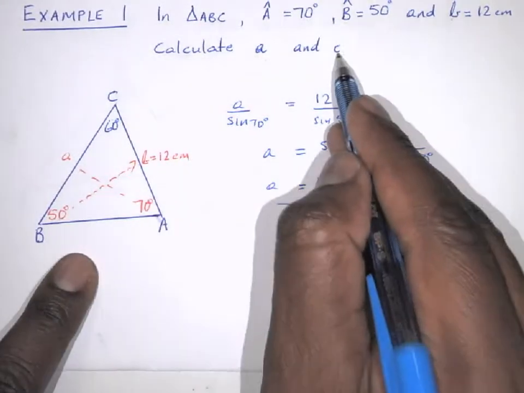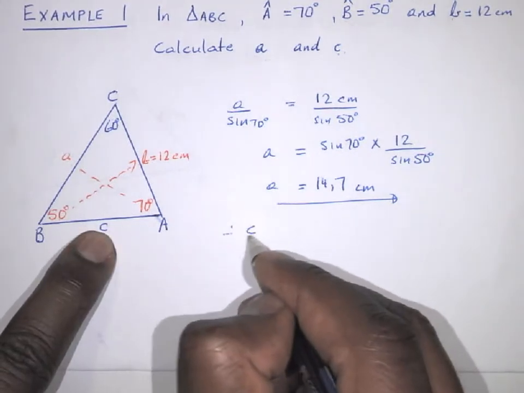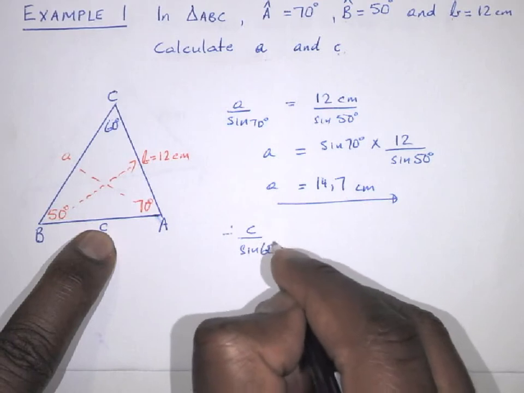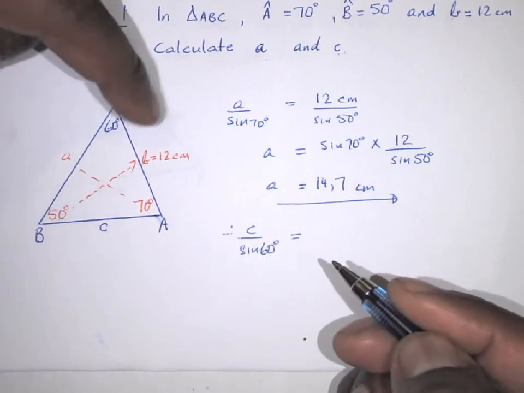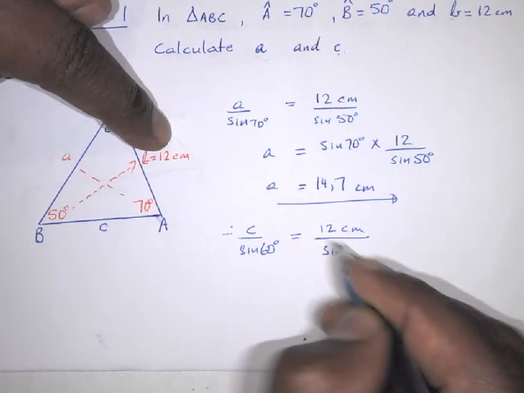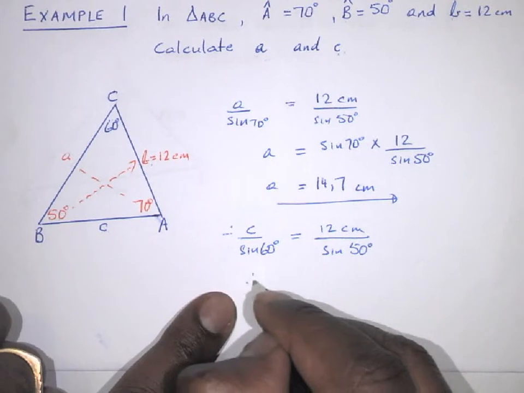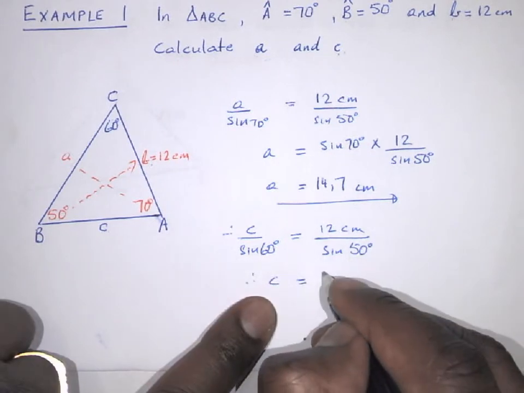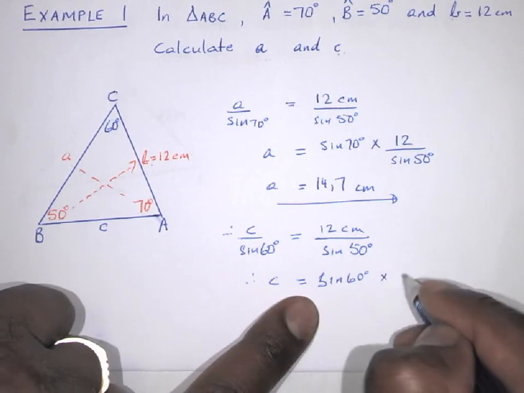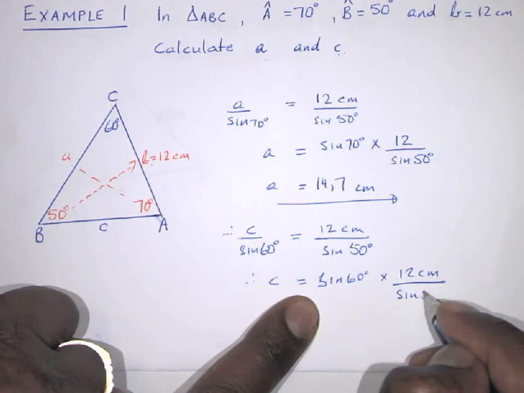Therefore, to find c, I will say c divided by sine of the angle opposite it, 60 degrees, is equal to the other side, 12 centimeters, divided by sine of the angle opposite that, sine of 50 degrees. Therefore c is equal to sine of 60 degrees multiplied by 12 centimeters, divided by sine of 50 degrees.